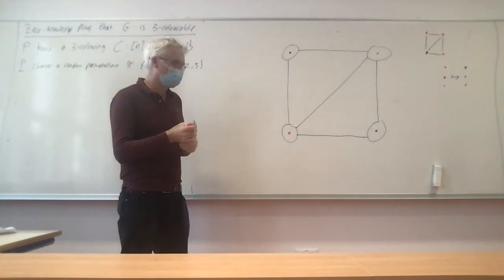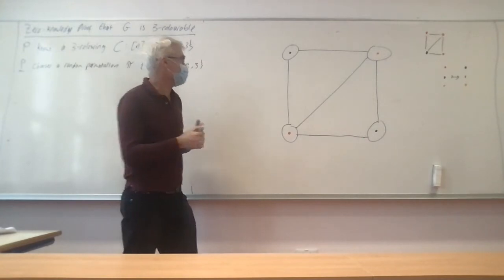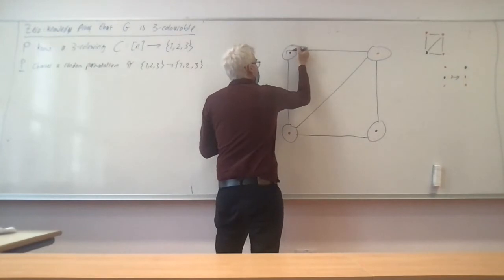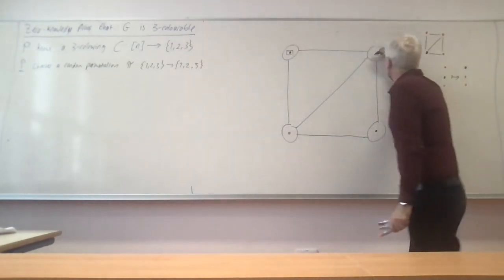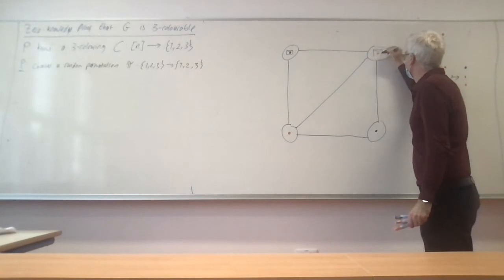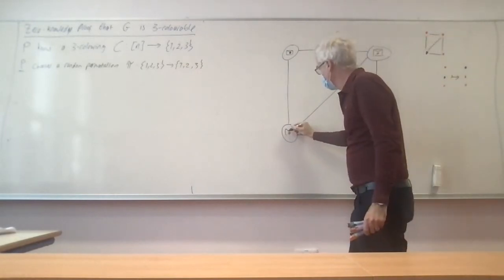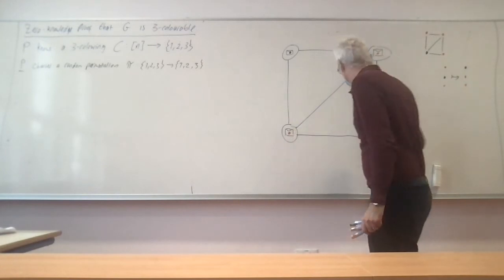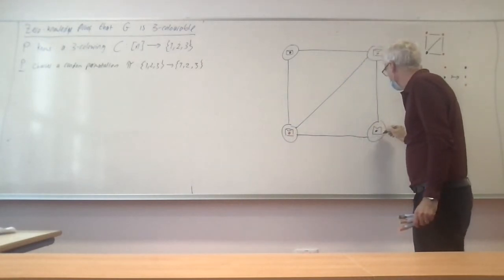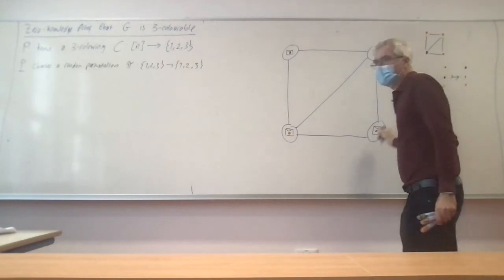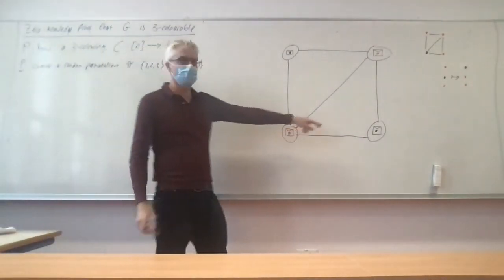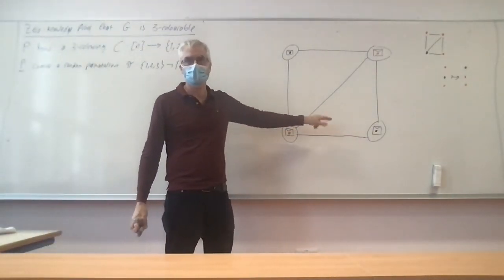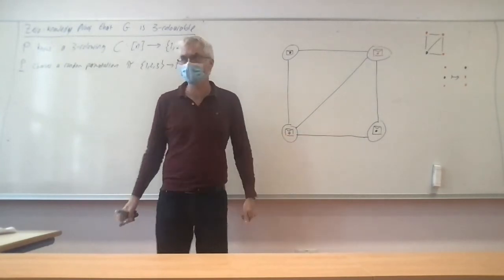But what P does is it makes a sealed envelope here, and it puts blue in the sealed envelope here, orange in the sealed envelope here, red in the sealed envelope here, and blue in the sealed envelope here, and it lays all these sealed envelopes on the table in front of the verifier. So the verifier doesn't see what's inside. I'm letting you see what's inside, but the verifier just sees the envelopes.